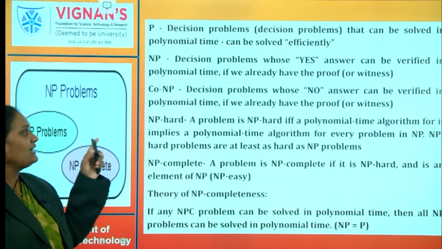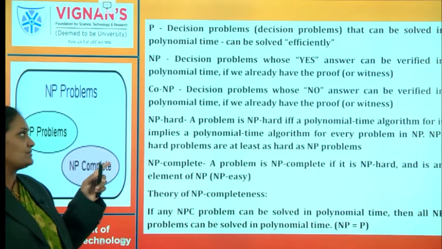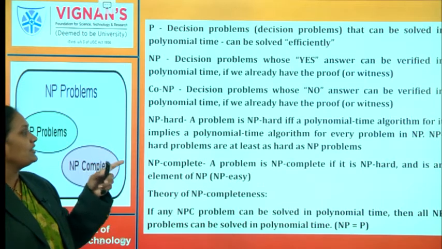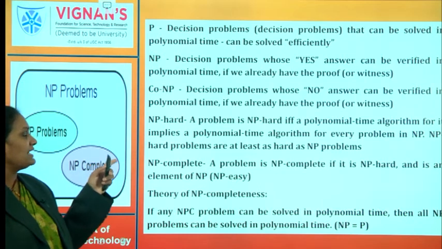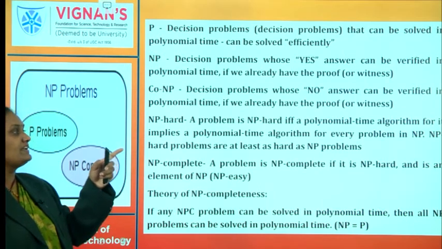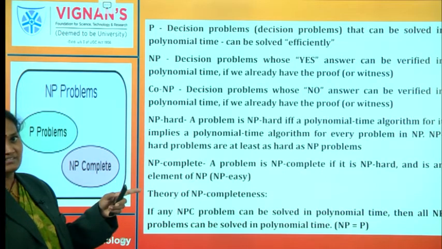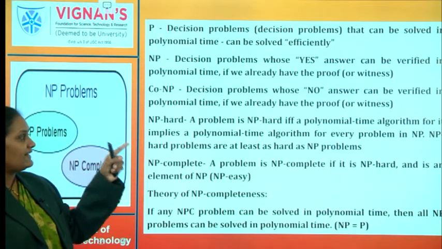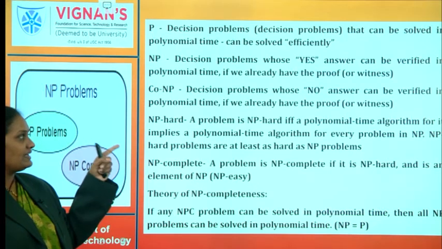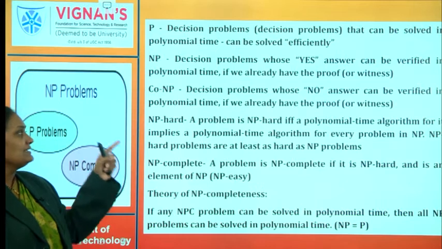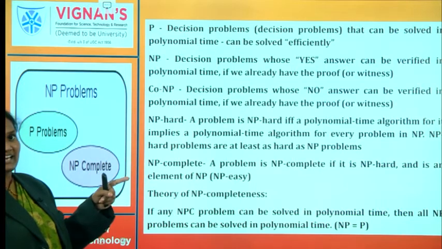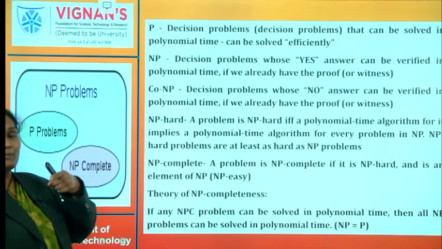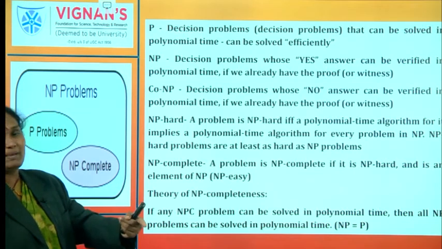Next, NP hard problems. What are NP hard problems? A problem is NP hard if and only if a polynomial time algorithm for it implies a polynomial time algorithm for every problem in NP. That is, if I write a polynomial time algorithm for an NP hard problem, that should be a polynomial time algorithm for NP problems. I already said that all NP problems reduce to NP hard problems.